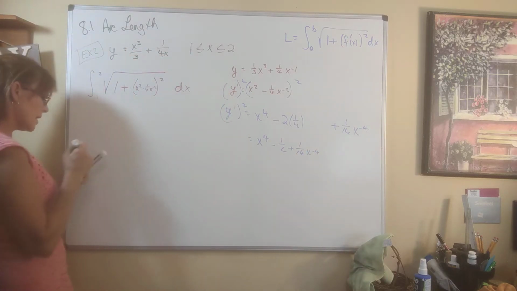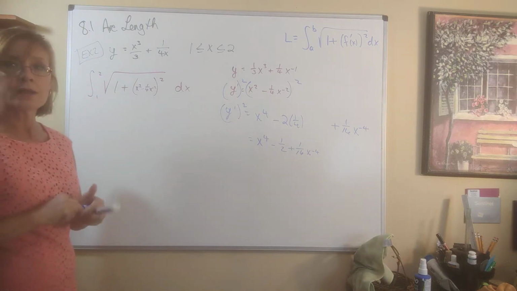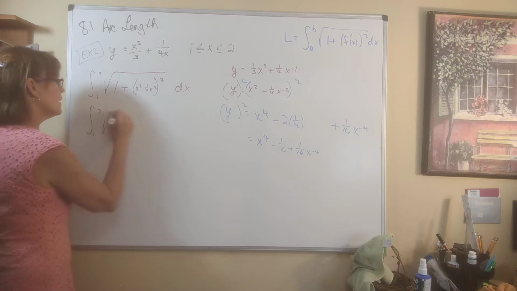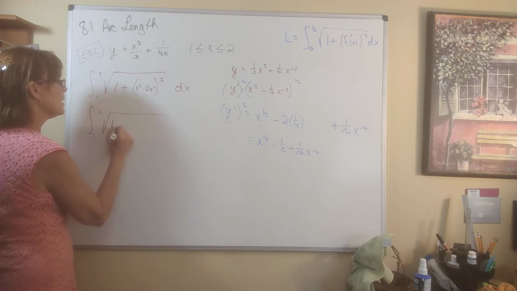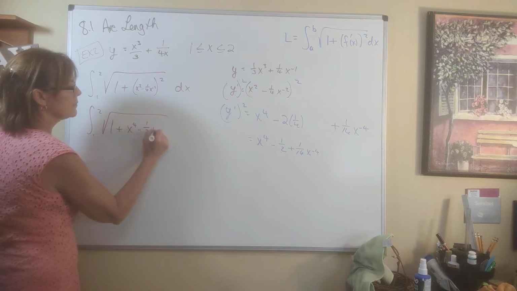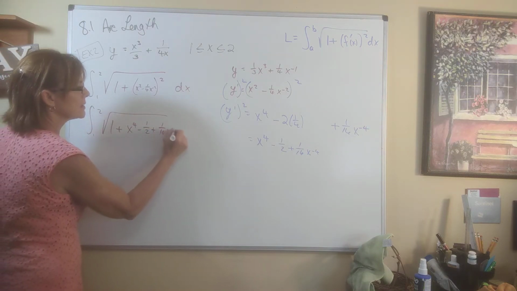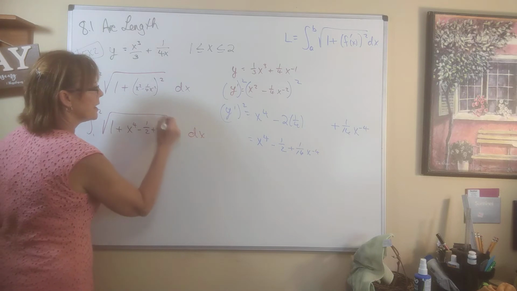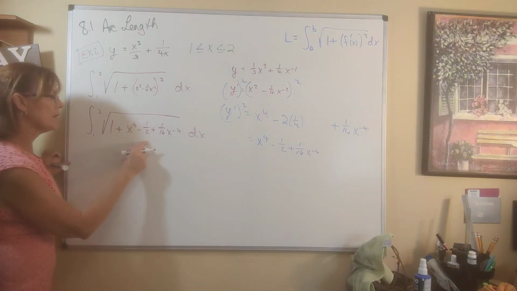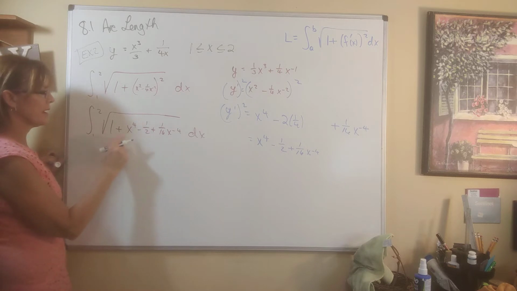So this becomes the integral from 1 to 2 of the square root of 1 plus x to the 4th minus 1/2 plus 1/16 x to the negative 4 dx. Okay, here we go. Now 1 minus 1/2 becomes a positive 1/2.